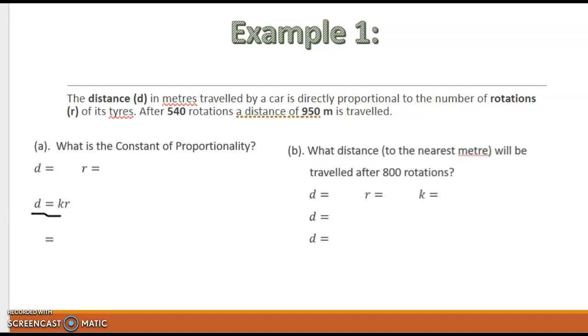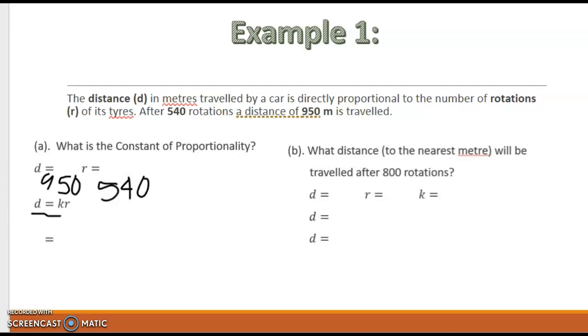The second thing that we're going to do is they normally give you a pair of numbers which you can substitute into that equation in order to find k. And those two numbers in this question are d, which is 950, and r, which is 540 rotations.